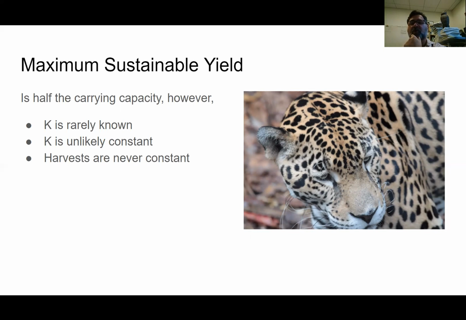So that will alter carrying capacity. And then harvest. So if you are, say, managing deer, it's very unlikely you're going to get the same number of deer killed every season, deer season. So theoretically, this is very nice, but I just wanted to point out the difficulties with managing an actual population.